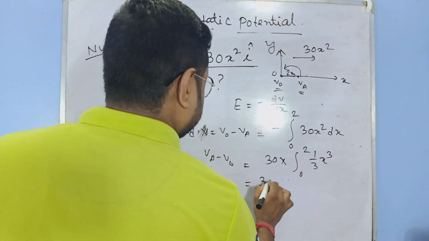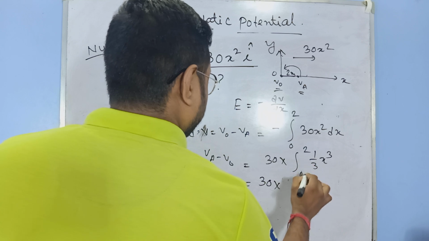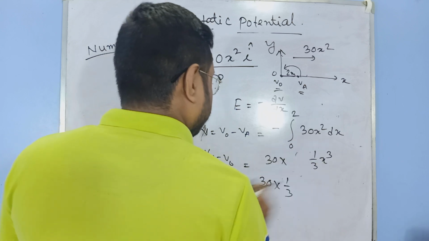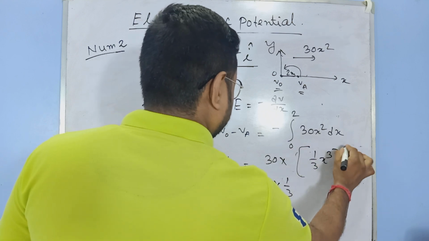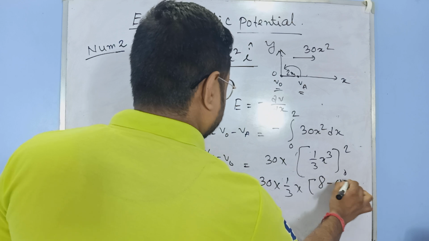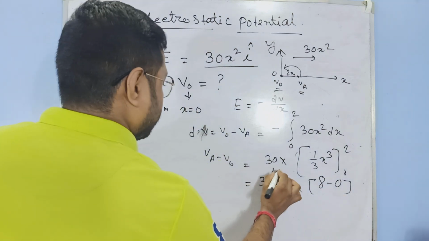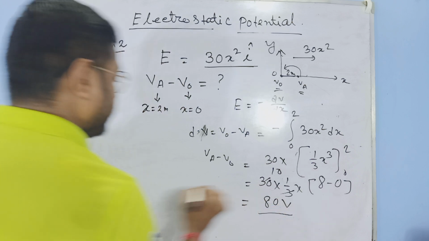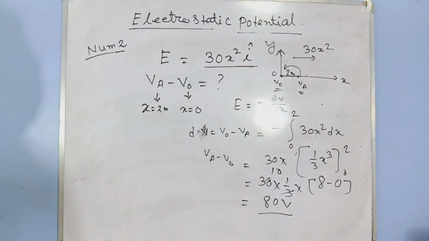So you can get 30 into 1/3 x cube from 0 to 2, that is 1/3 into x cube means 8 minus 0. So 10, and 10 into 8 is 80 volt.